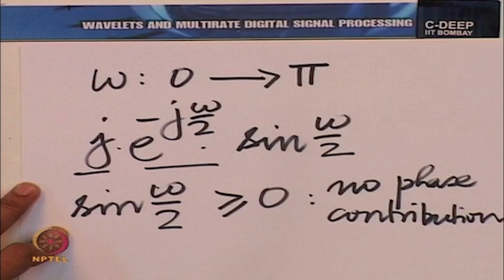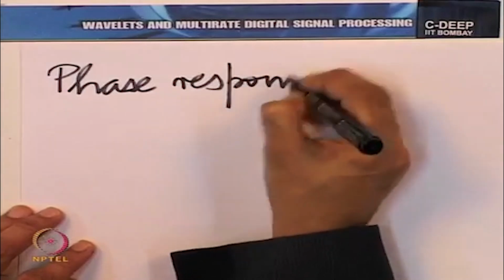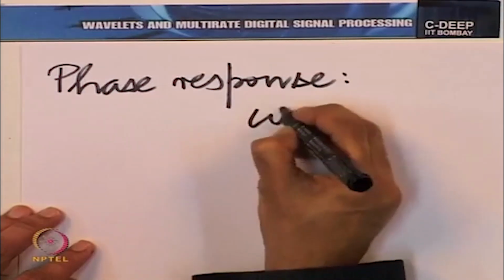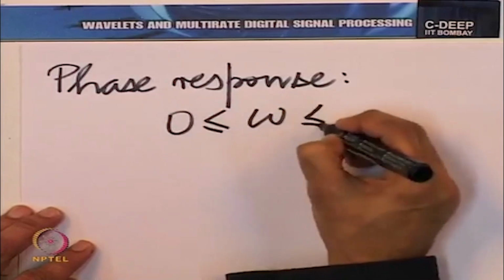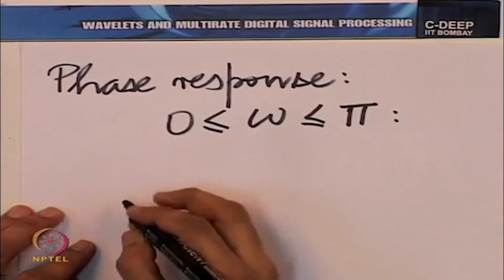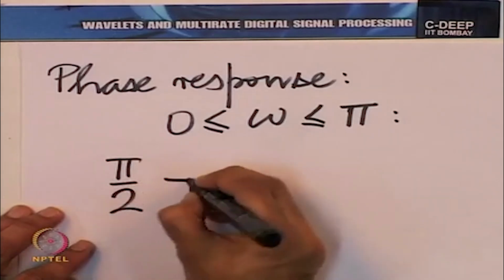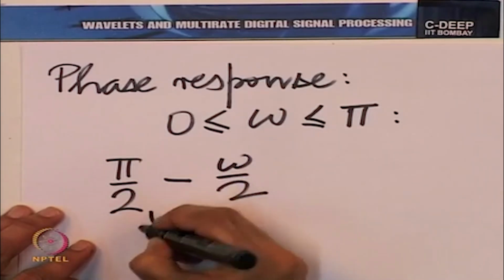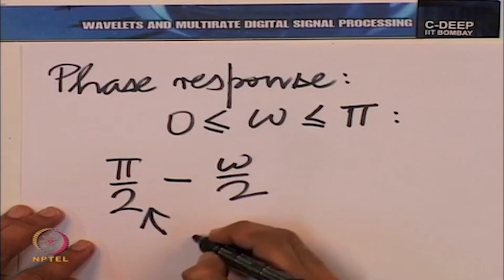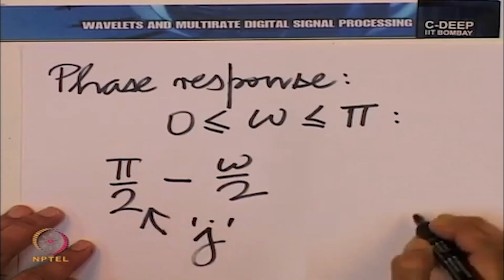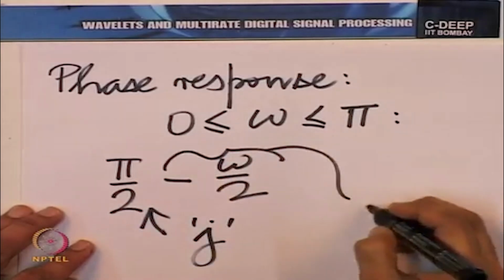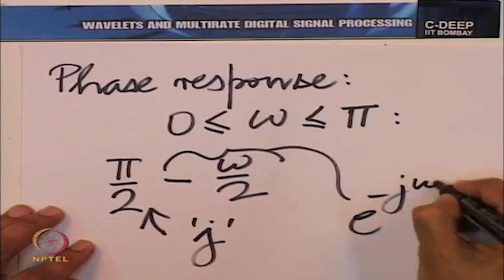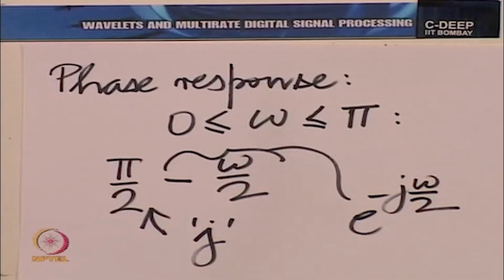So, overall the phase response, only between 0 and pi, is pi by 2 minus omega by 2. This is contributing essentially j in the expression, and this part is coming from e raised to the power minus j omega by 2 in the expression. Let us sketch this response, the phase response.